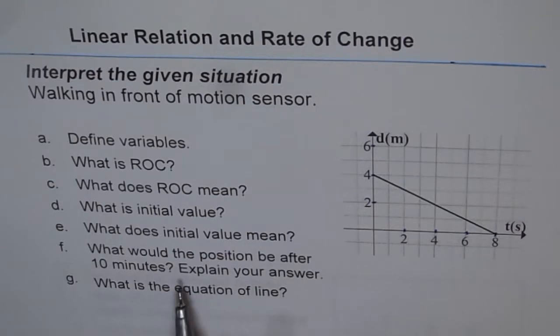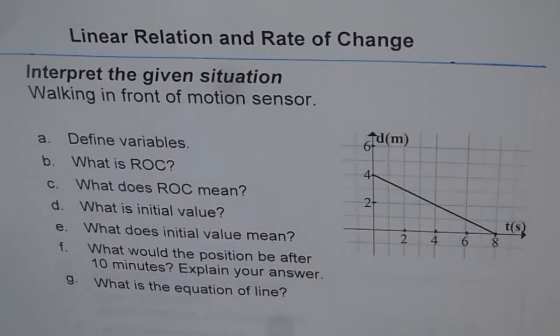You'll find this explain your answer in very few examples. Here it is unique, and therefore we are asking this question. Think about it. What is the equation of the line? That is your final answer for this particular example. You can stop the video, answer all your questions, and then listen to my suggestions.